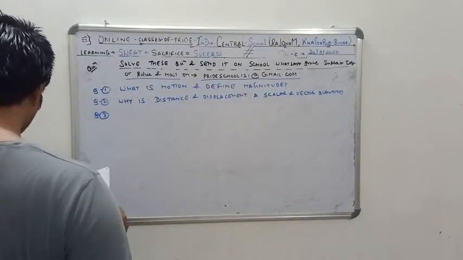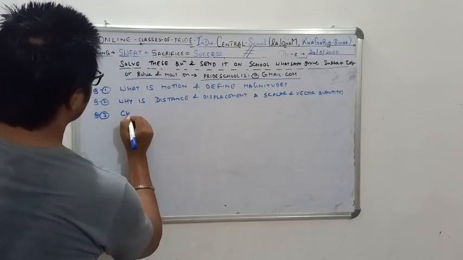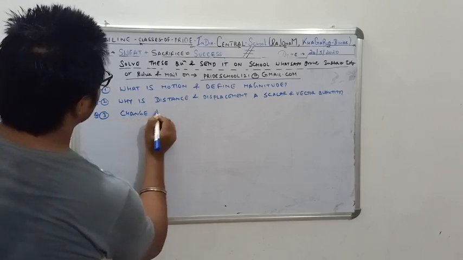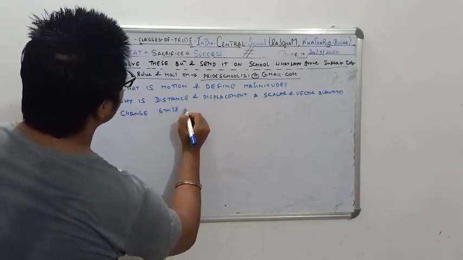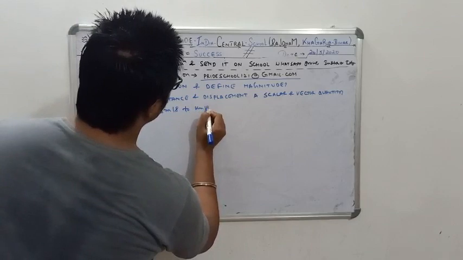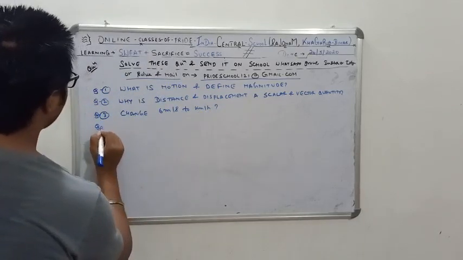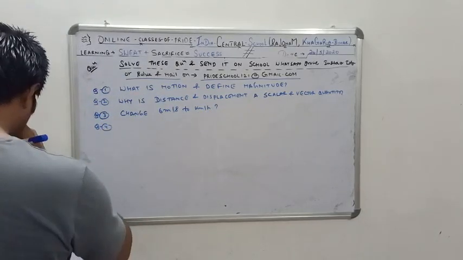Question number 3. Change 6 meter per second to kilometer per hour. Question number 4.